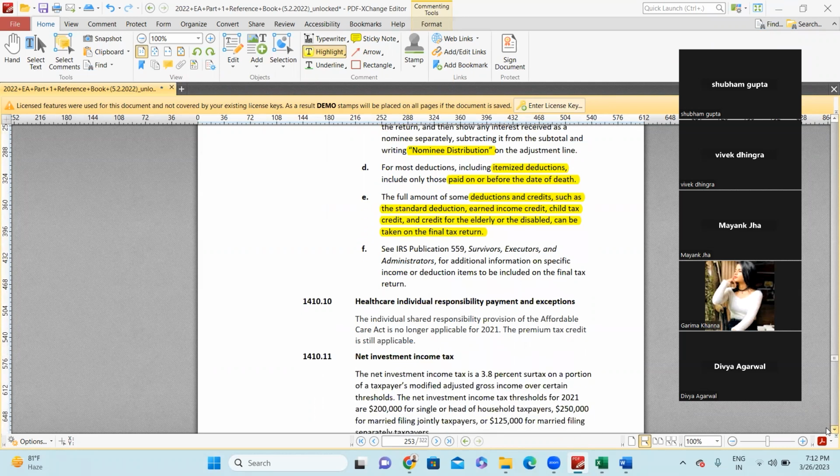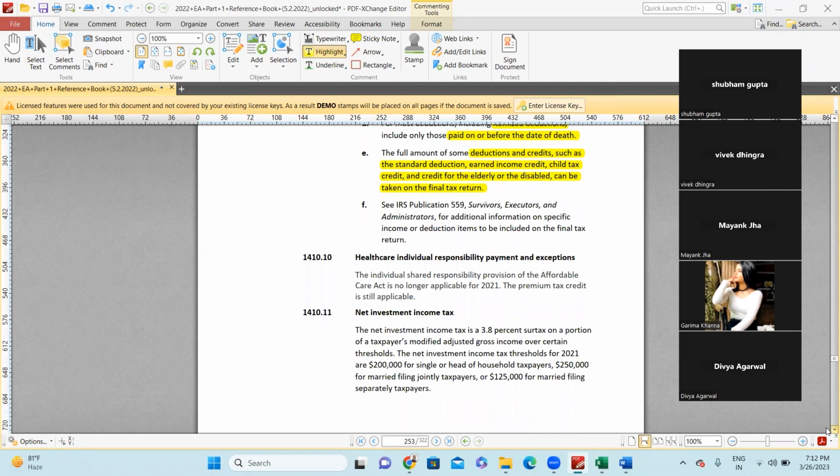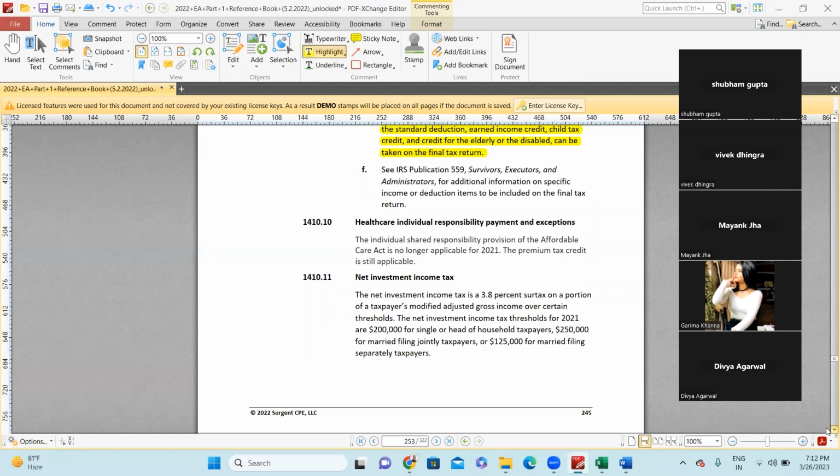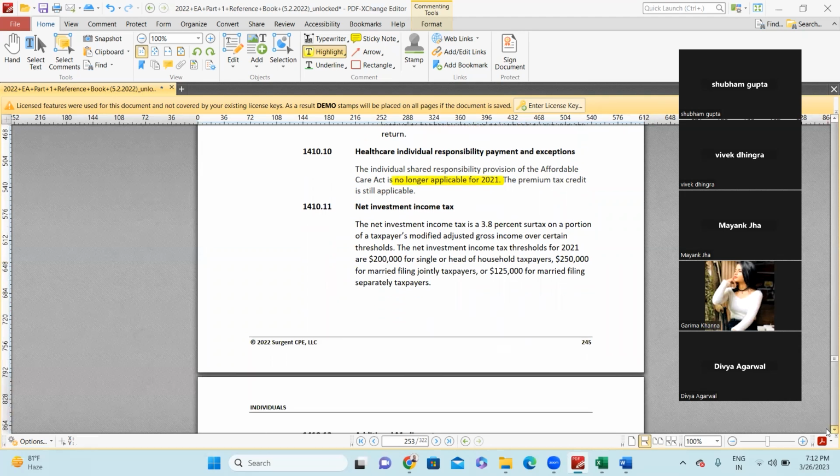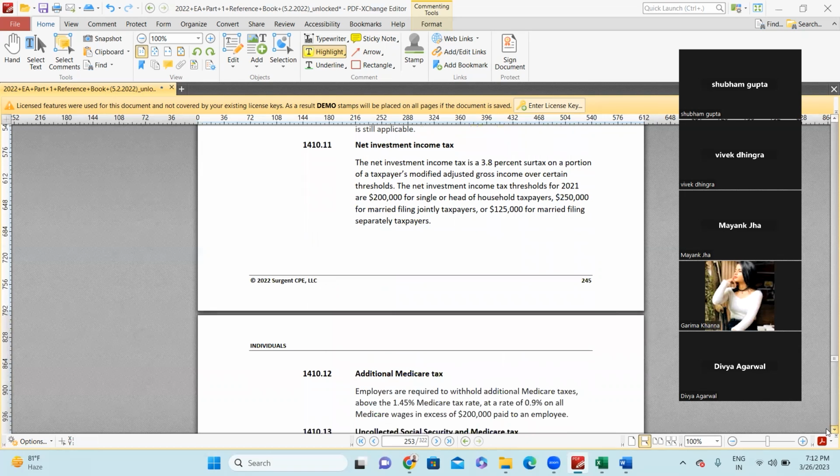So the next point is healthcare individual responsibility payment and exception. I think this is no longer applicable, so you can ignore this. It's not important. Next one is net investment income tax. Net investment income tax is a 3.8% surtax.